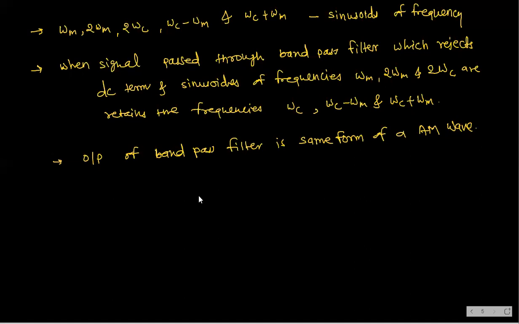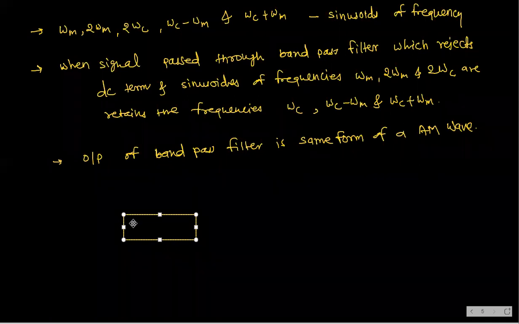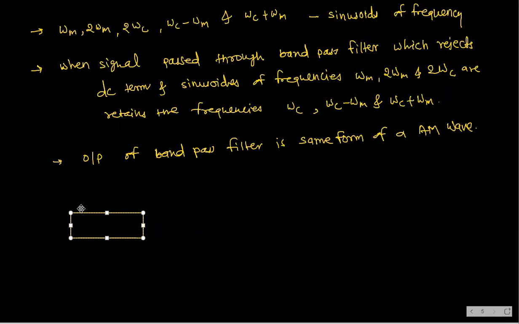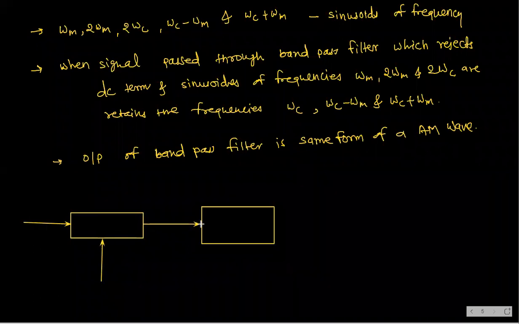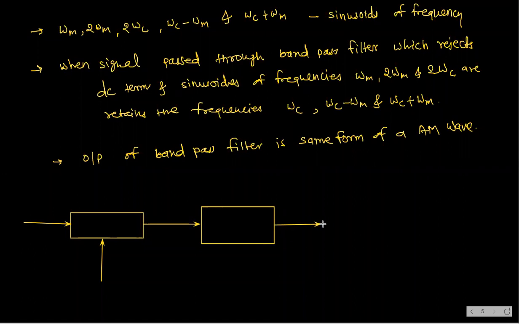And here one more diagram I am going to give you. How we are going to leave this into the air. This is what message signal. This is carrier. Here it is power amplifier. And this is what amplitude modulated wave we are going to transmit via transmitting antenna.